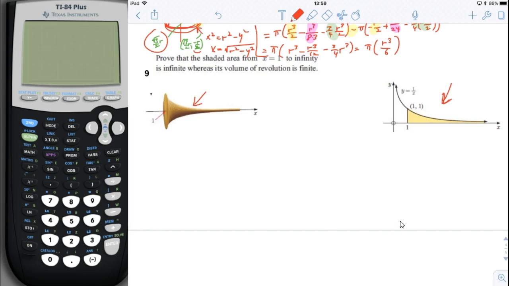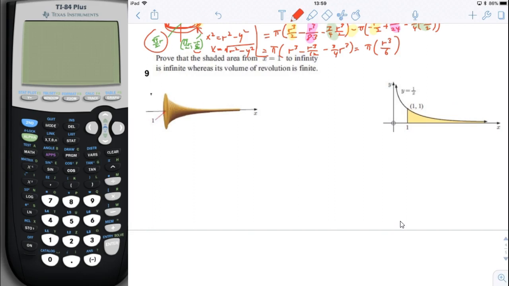Pretty weird, huh? So let's just do this as two separate problems. We're going to show the volume of revolution is a certain number, and then we're going to do the integral of this area here, and we're going to find out that it's infinite. Okay, so let's do the revolution first.